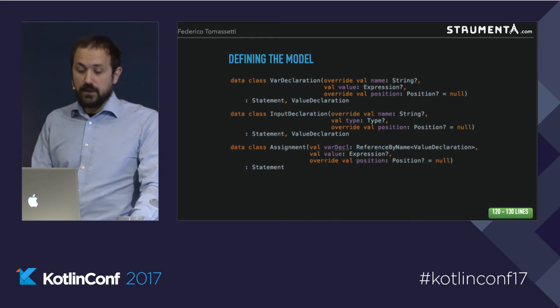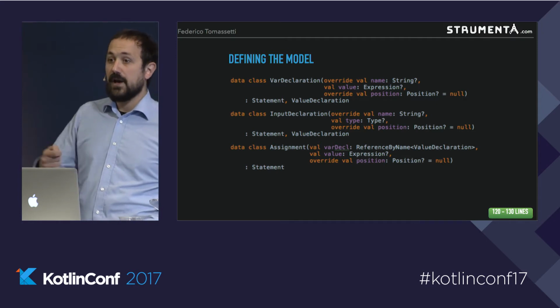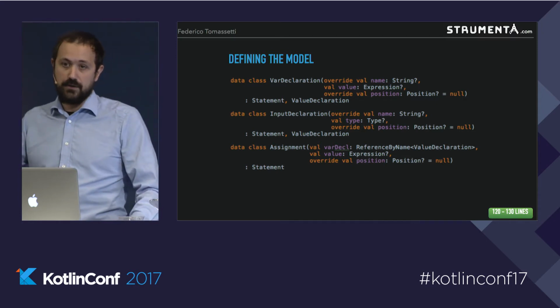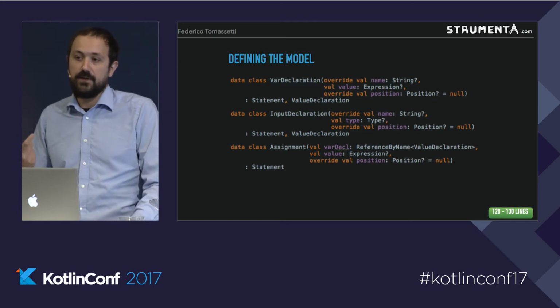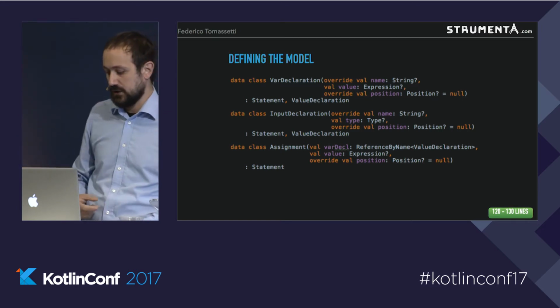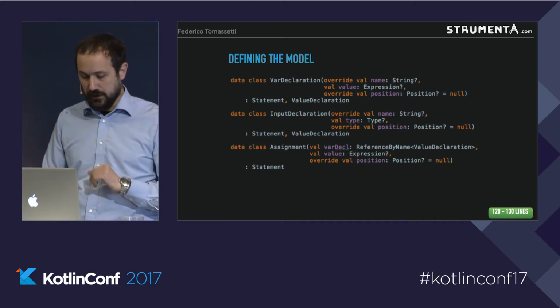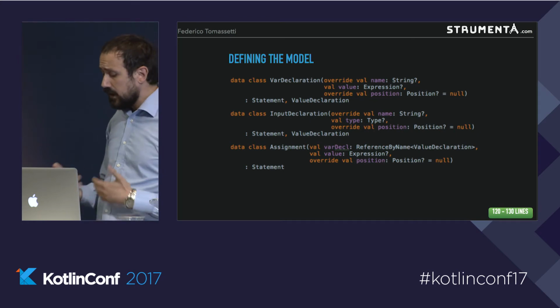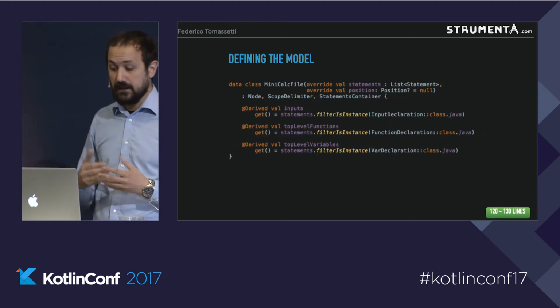Another data class that we have is assignment. In this case, we say that an assignment needs to have a reference to a value, the value being assigned, and an expression specifying the value to assign to such variable or input. We can do slightly more complex things. For example, this is how I define the minicalc file.